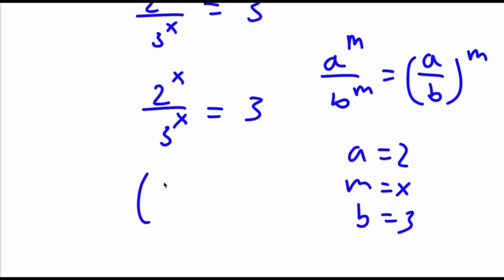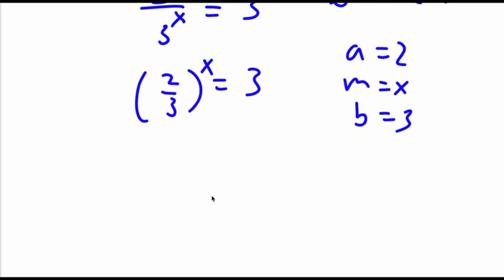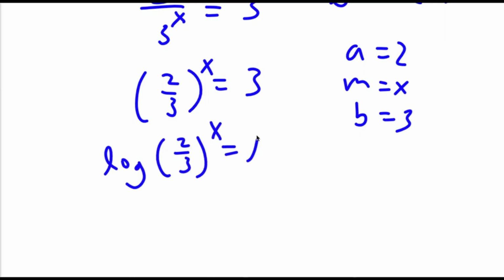So this would be equal to 2 over 3 to the power of x, which is equal to 3. So now, if I take the log on both sides, I get log 2 over 3 to the power of x is equal to log 3.